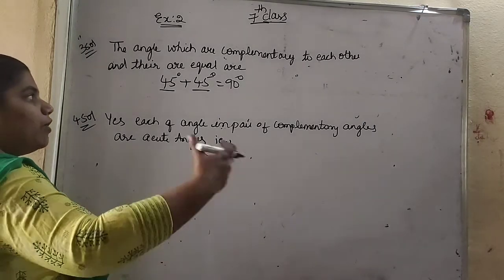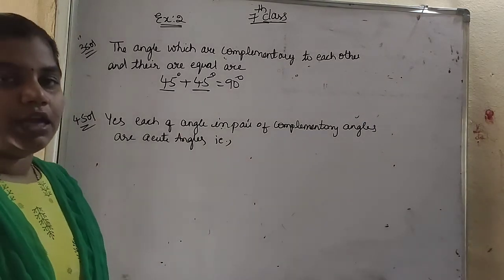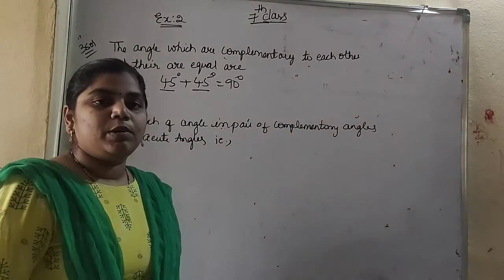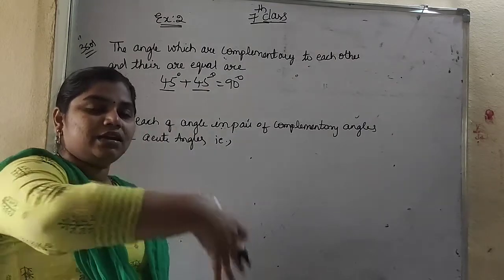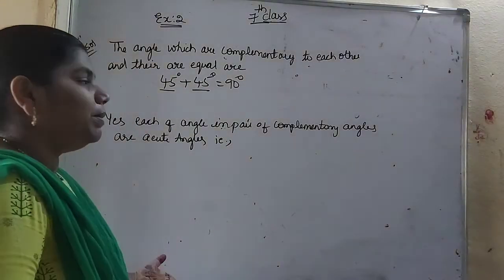Because the sum of two angles should be equal to 90. More than 90 means it will be obtuse, but we are always taking values less than 90 only. So that will be acute.